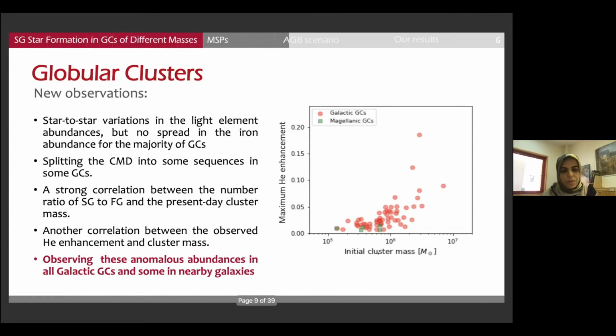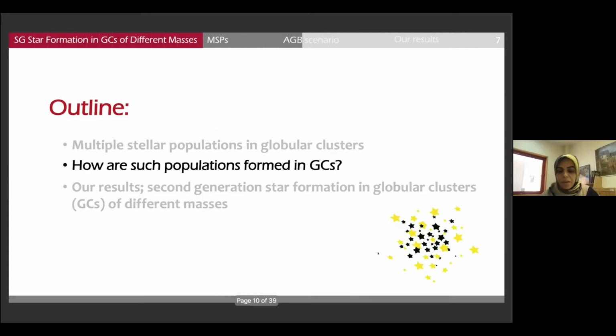Now, we know that all globular clusters in the Milky Way and some in nearby galaxies show such anomalous abundances in light elements. So globular clusters host multiple stellar populations, not a simple stellar population as people thought before.